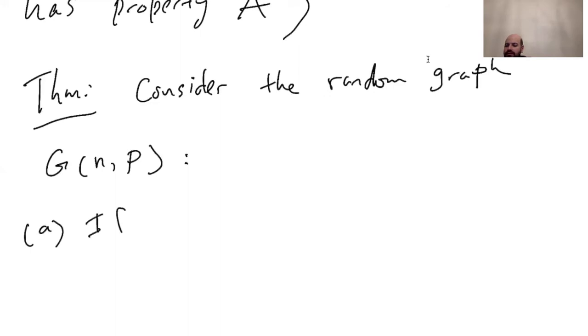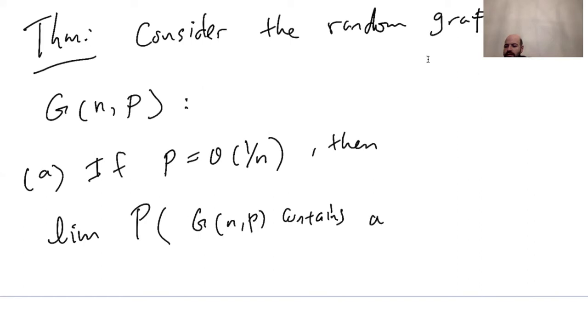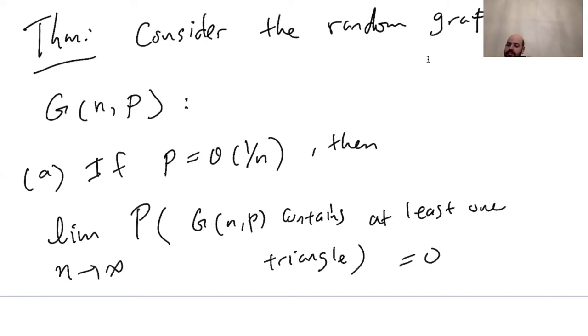Part A, if p of n is equal to small o of 1 over n, then the limit of the probability that G of n and p contains at least one triangle, as n goes to infinity, is 0.